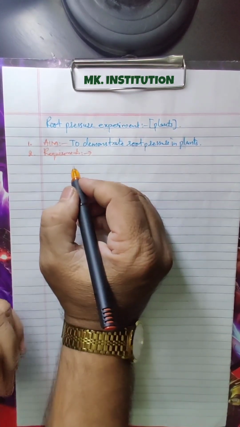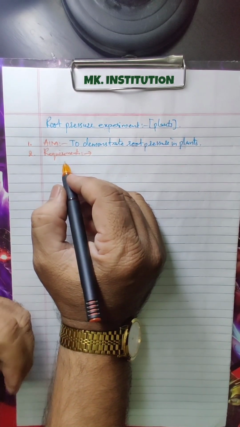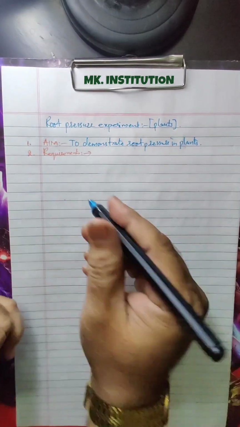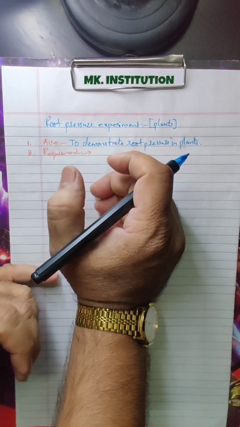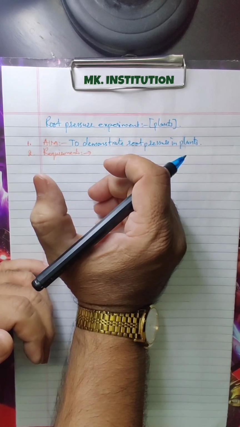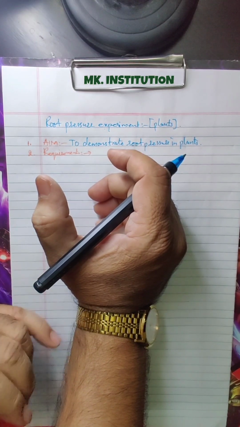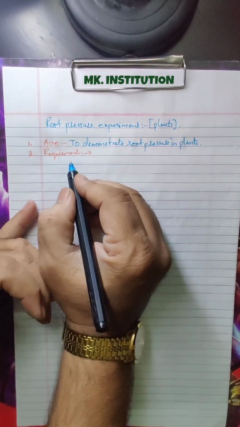In the workbook and similar material, they give apparatus. Instead of that, you can write requirements, the best word. Apparatus is test tube, delivery tube, flask, all these things. But you can't write plant or water there, as they will not come under apparatus. So instead of apparatus you can write requirements. It is a good word.